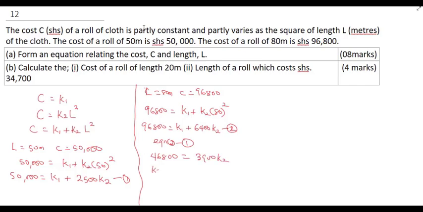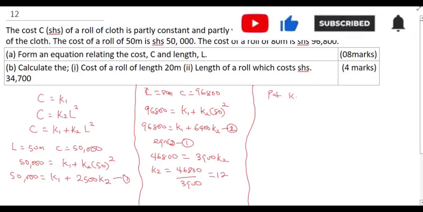Therefore, our K2 will be 46800 divided by 3900. Now, when you divide this, that will give you 12. So, that means our K2 is 12. Now, having gotten our K2, we'll put K2 in equation 1.